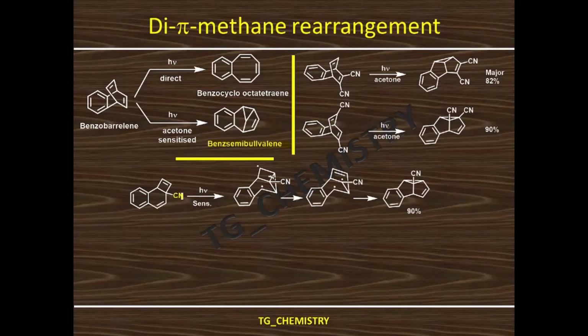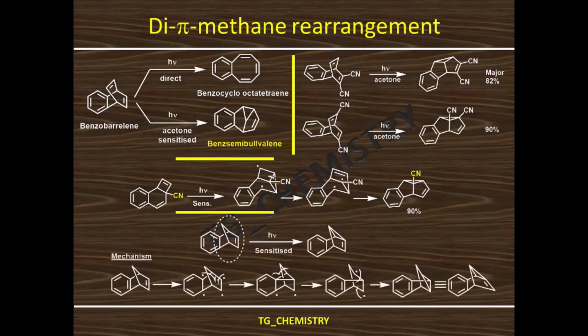In presence of the sensitizer and photoirradiation, the biradical will be generated, and as you can see, the alpha bond adjacent to the cyano group is ruptured or broken, and eventually the pi bond is generated here, and the radical at which the cyano group is attached is generated at that position, and that will lead to the formation of the dihydrobenzocyclopropapentalene carbonitrile. So the monocarbonitrile will eventually lead to the monocarbonitrile product in 90% yield.